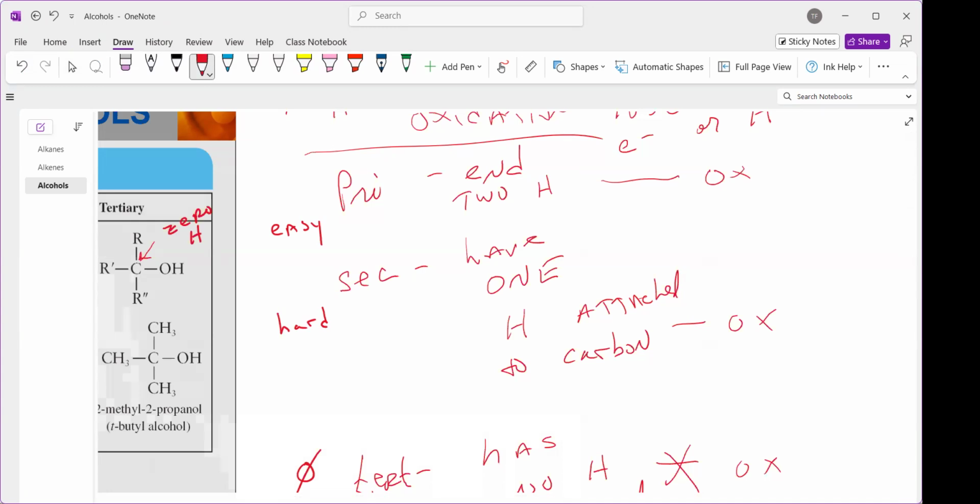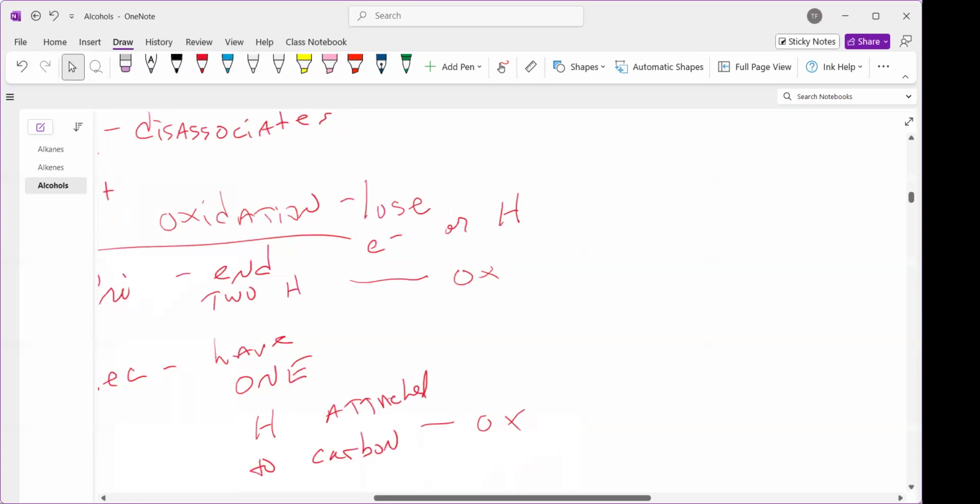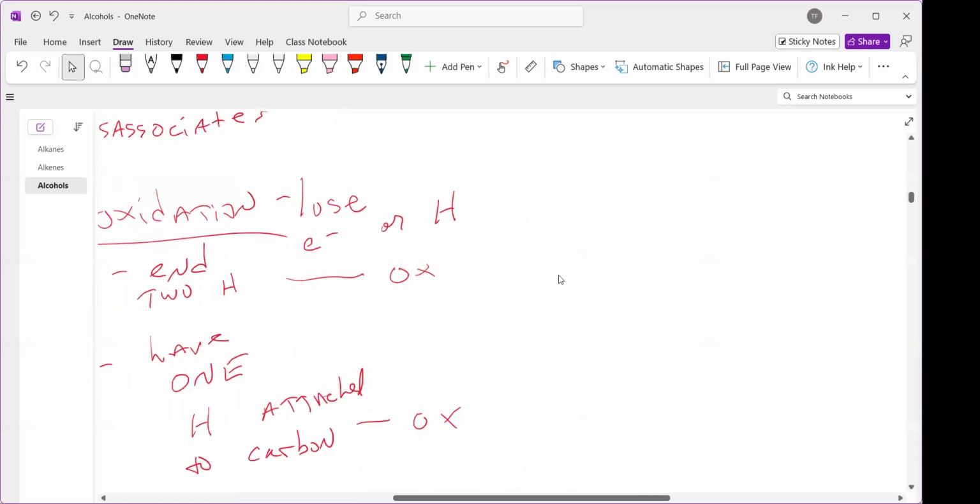Now, okay, so that's ethanol. How many hydrogens are here? 2. That means that's a primary alcohol.